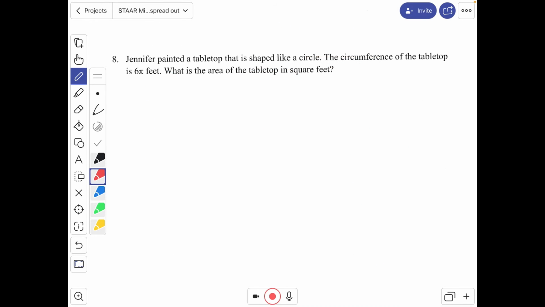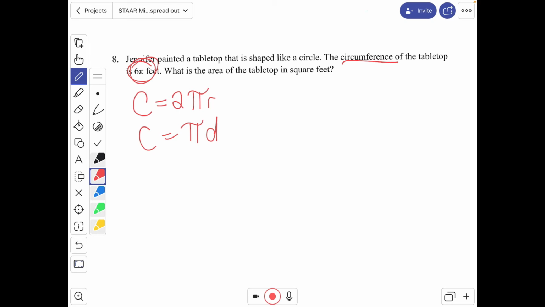Number 8. Jennifer painted a tabletop that is shaped like a circle. The circumference of the tabletop is 6 pi. What is the area of the tabletop in square feet? Okay, well, they gave us a circumference, and the formula for circumference is either 2 times pi times radius or pi times diameter.